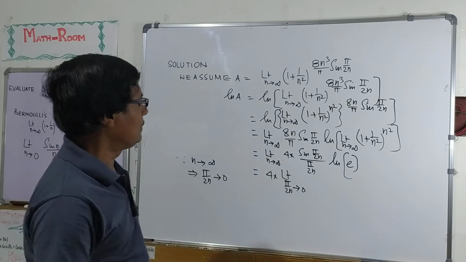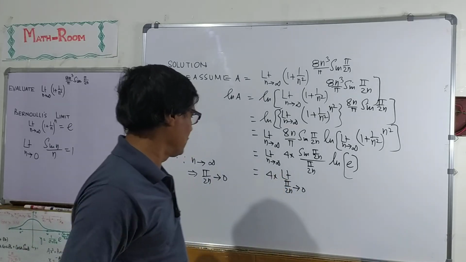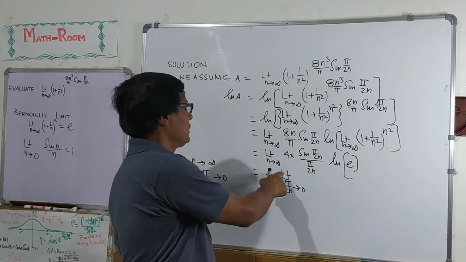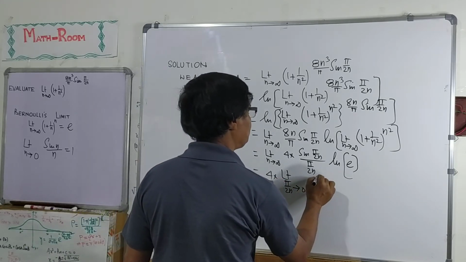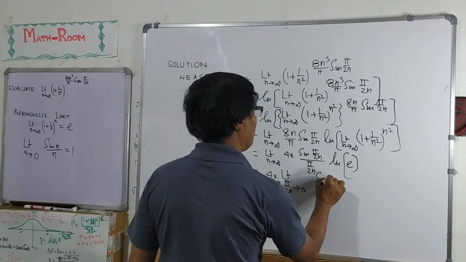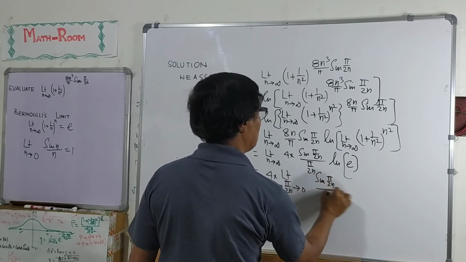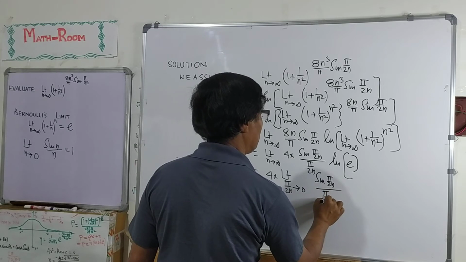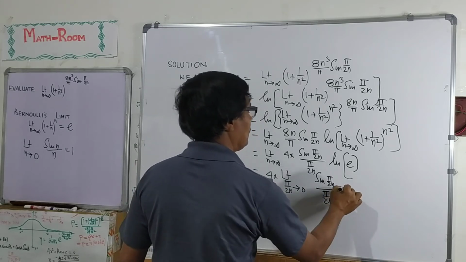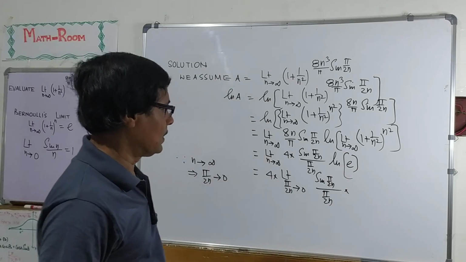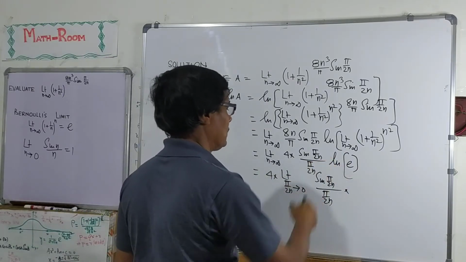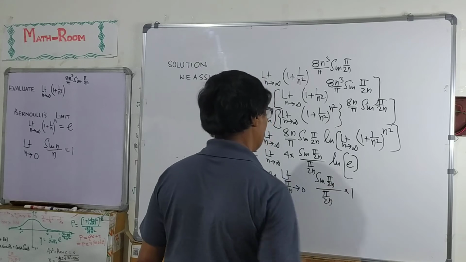So the limit as pi over 2n tends to 0 of sin pi over 2n over pi over 2n, into the value of this natural logarithm, which is also 1 because log e equals 1, that is into 1.